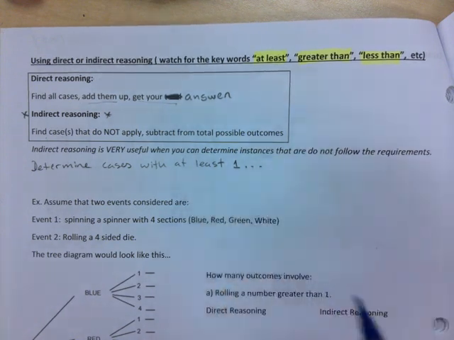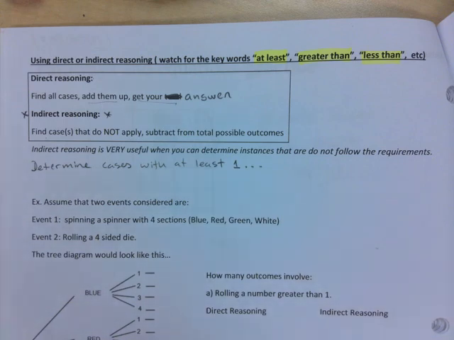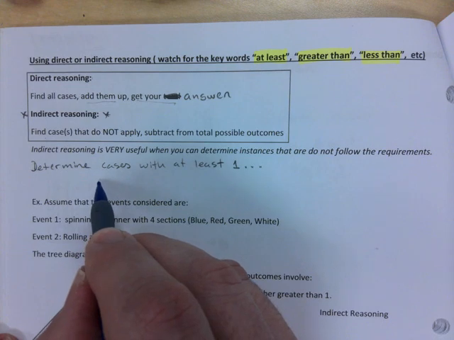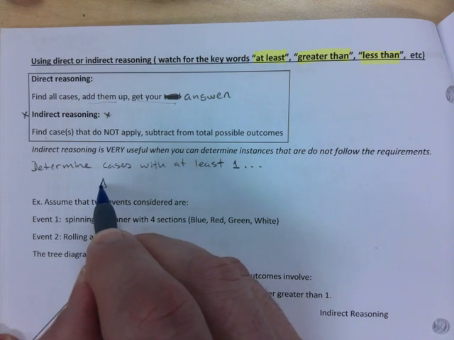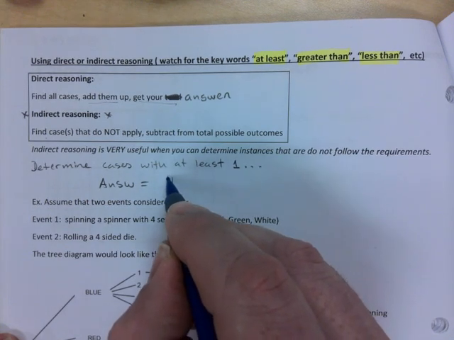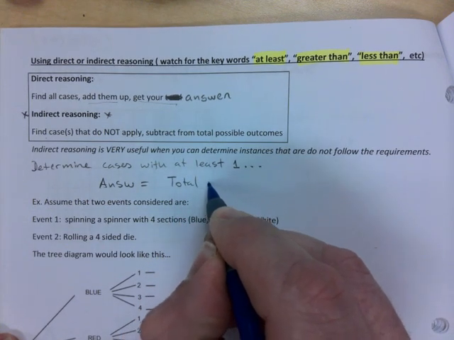When you see that, when it says, hey, find these number of scenarios where you have at least one repeated letter in the password or one repeated number in the password or so forth, that's when you would use this scenario. So you would go: answer is basically total possible.